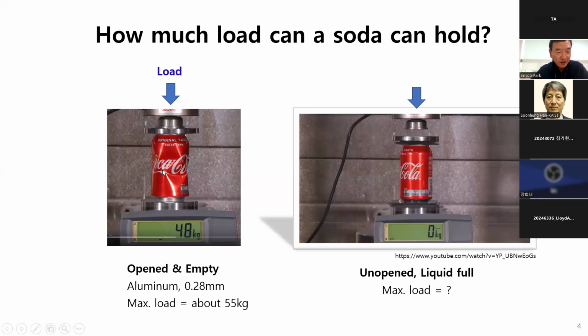Generally, this can is made of very thin aluminum, about 0.8 millimeters, in order to be light. In the left photo, in the opened and empty condition, it collapsed under a load of about 55 kilograms. How about the right one? In the unopened and liquid full condition, how much load will this structure resist? Can you guess? Let's see the test result.